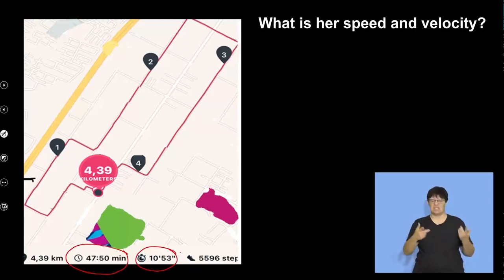It's not actually her speed. They say it's 10 minutes, 53 seconds. So they're saying to me that my friend could walk on average a kilometer in 10 minutes and 53 seconds, okay? If I look at this and I go, let's calculate her speed.